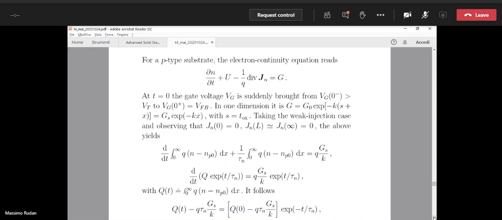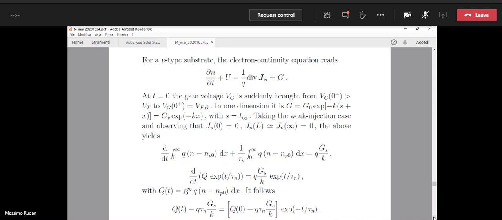And then we take the equation and we integrate it over the device, between the interface between semiconductor and oxide, which is the point x equal to 0, and the bulk. The bulk is at infinity. So we integrate the continuity equation from 0 to infinity.